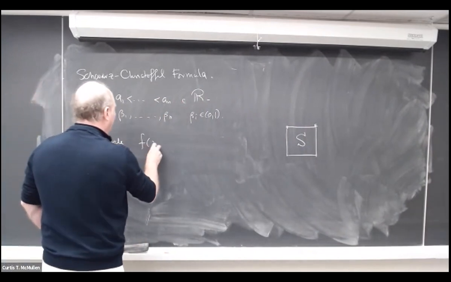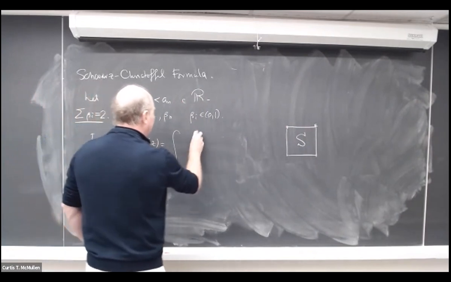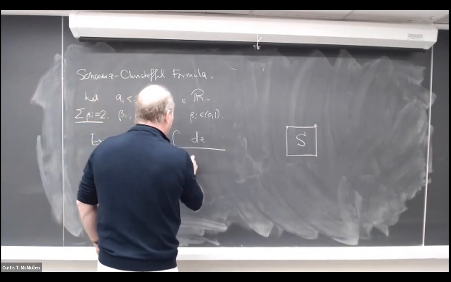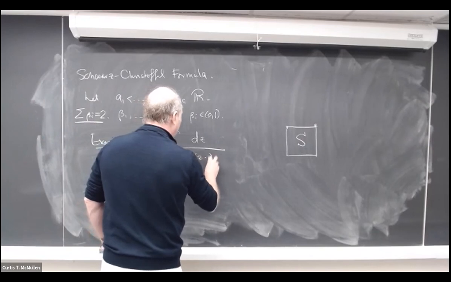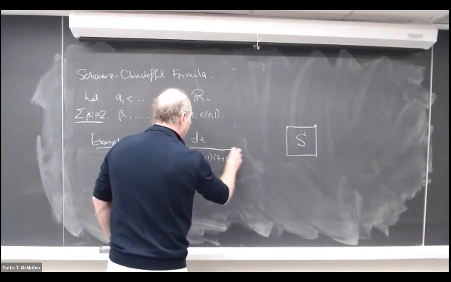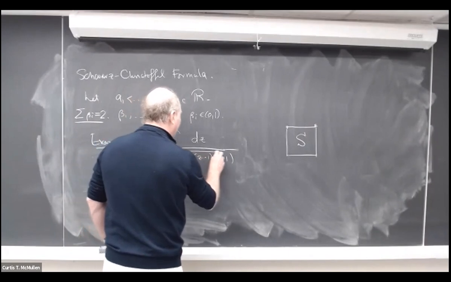So let's try f of z is the integral of dz over z times z minus 1 times z plus 1 all to the 1/2.